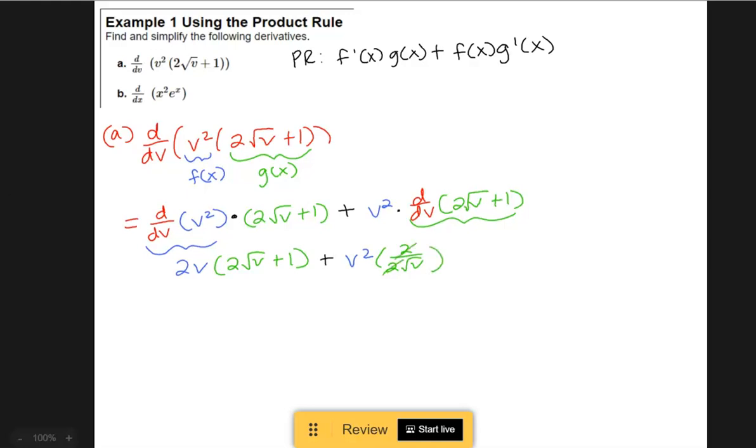Okay, so those 2's cancel out. So we can clean this up just a little bit. So 2v times 2 square root of v would be 4, and then this is v to the first and v to the 1/2. So if I add those, that's 3 halves.